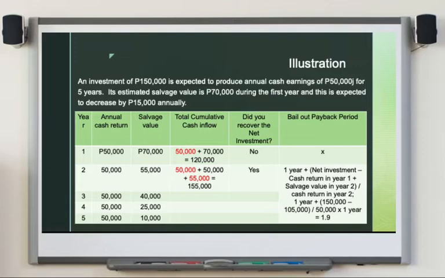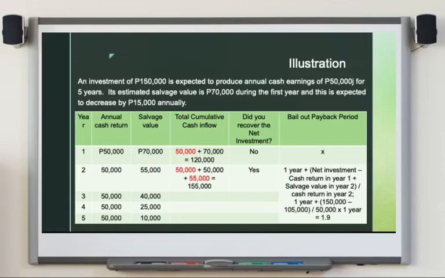So during the first year of its use, we still have a higher salvage value, and as time passes by, this salvage value also decreases in proportion to the number of years estimated to be its useful life.